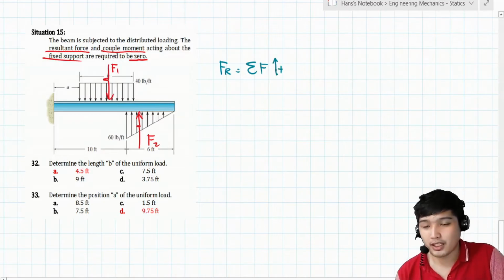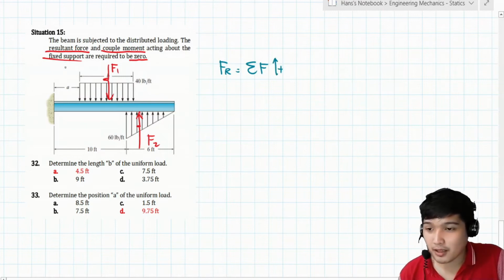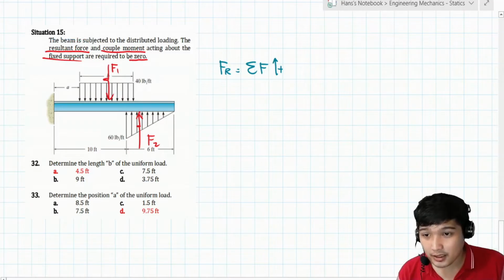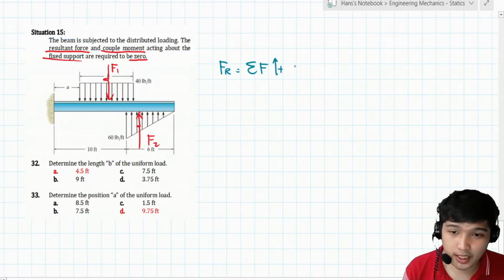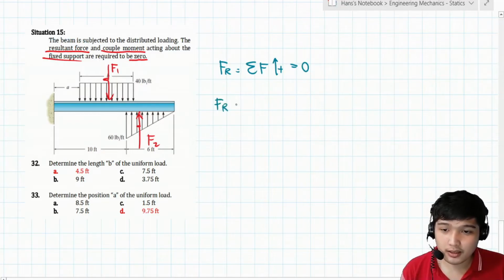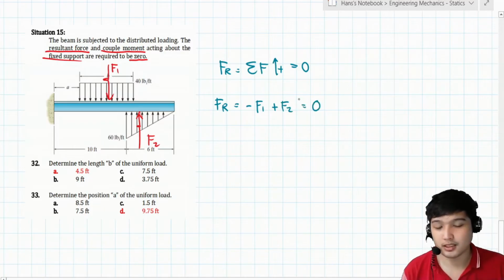Kasi may magkaibang direction eh. Ngayon may sinabi, yung resultant dapat 0. So therefore, i-equate lang natin yun sa 0. Okay? So, FR equals what? So, yung F1 is downward, so negative F1. And then, yung F2 is upward, so plus F2.